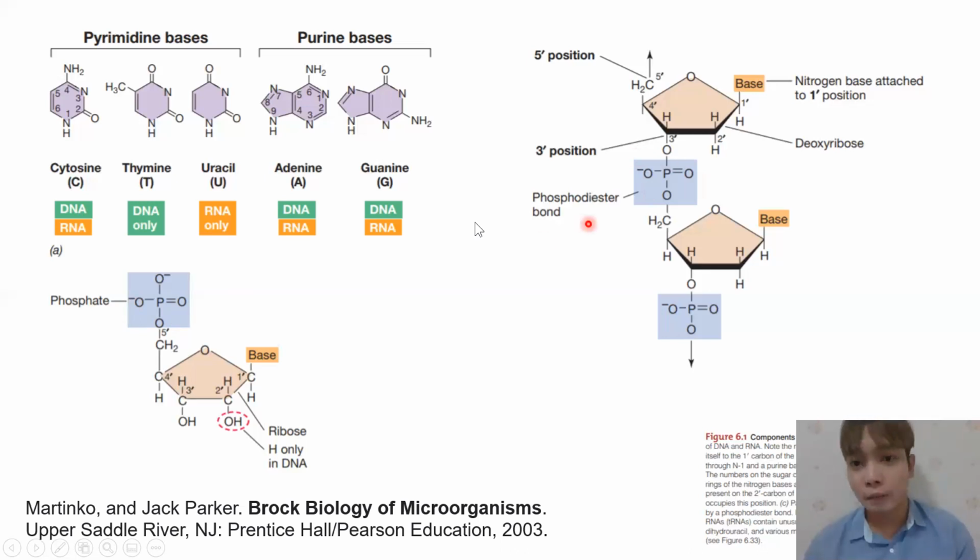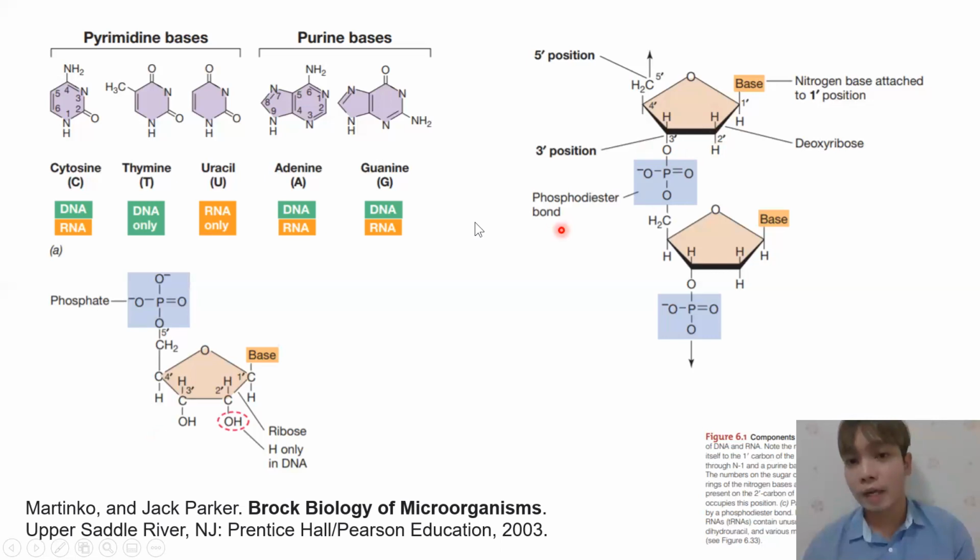So that's why this phosphate group attached to carbon number 5 of our ribosugar could react to the OH group of carbon number 3 of another sugar, to form an ester bond.